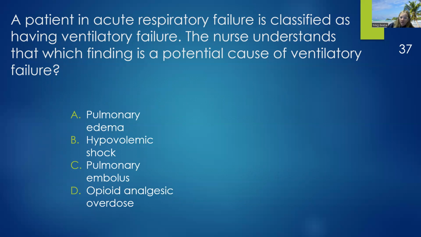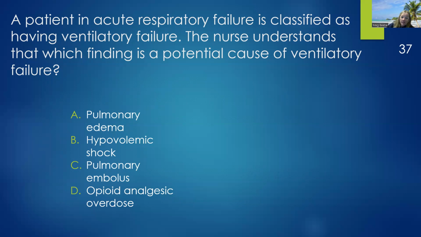Remember, ventilatory failure is the type of problem where the oxygen intake and the carbon dioxide removal are not happening as well. We would see that more so in opioid analgesic overdose. They're not going to be able to ventilate as well. They have a decreased respiratory drive.